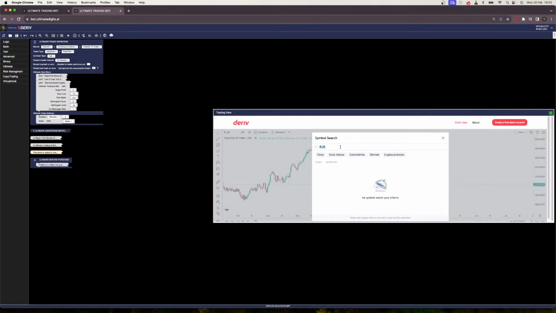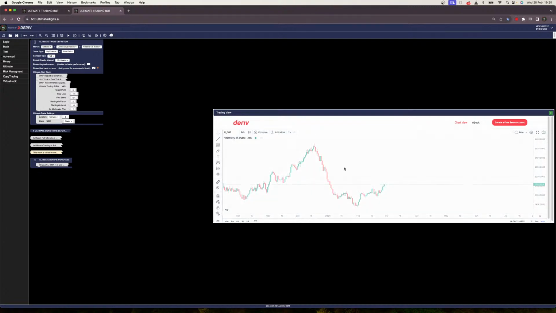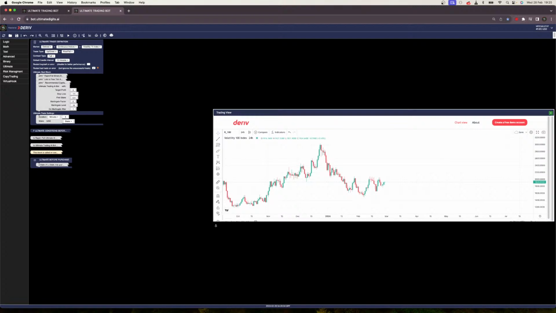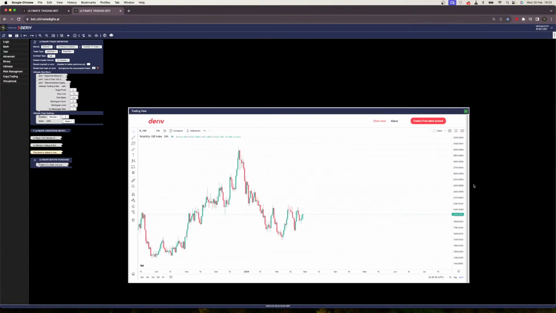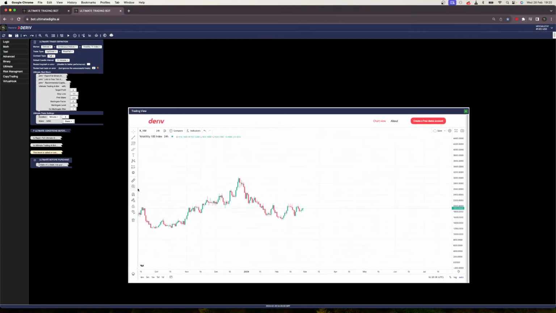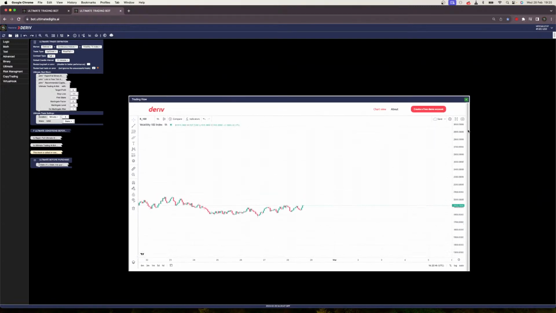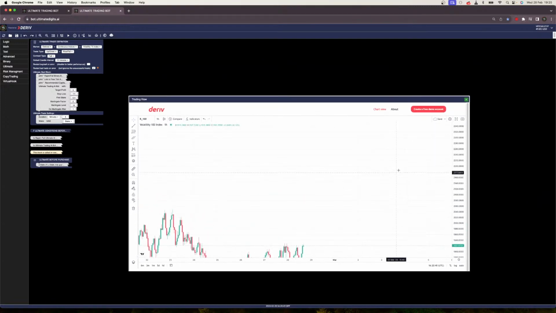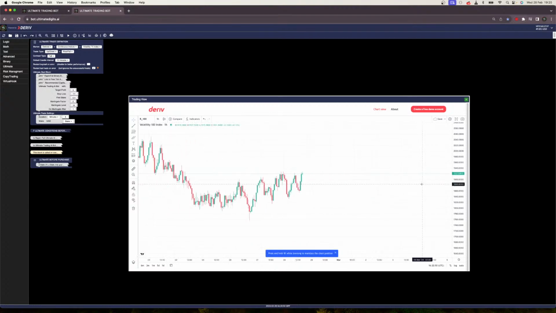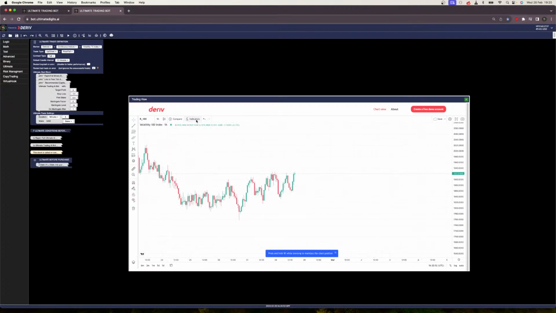So we are running on volatility 100, so R_100 on the TradingView chart. Set the time frame to 1 hour. I'll be using the supertrend indicator.